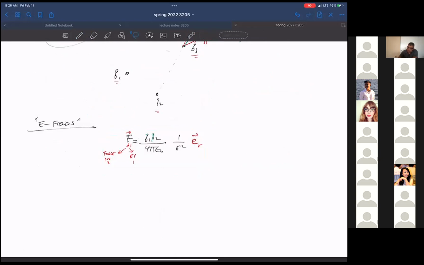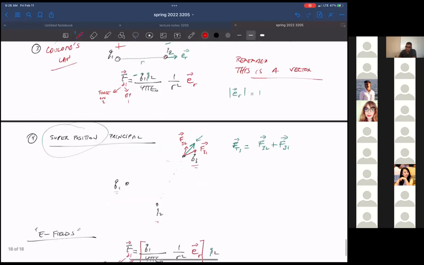And then I'm going to move this guy over to the outside. I'm not changing anything. Okay, guys, I'm just moving stuff around. And then I'm going to put a bracket around this part of the force. So again, I'm not changing the equation, same equation as we had before for Coulomb's law.